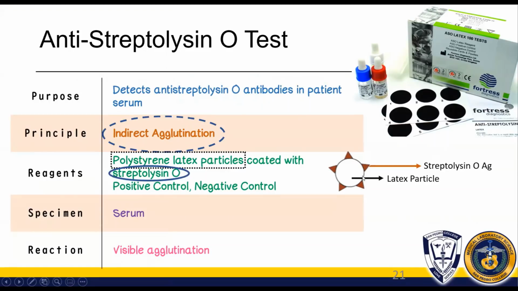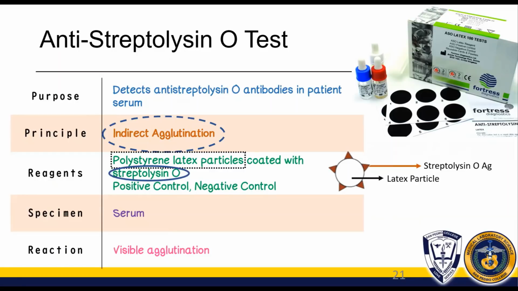So, ganito yung appearance niya, class. It basically looks like this. The latex particle is coated with the streptolysin O antigen. So the latex here will help us visualize the reaction, which is a visible agglutination.